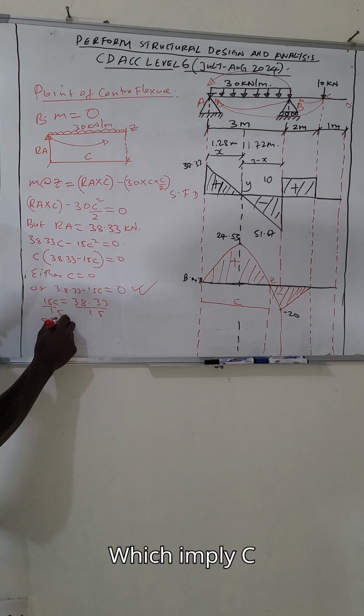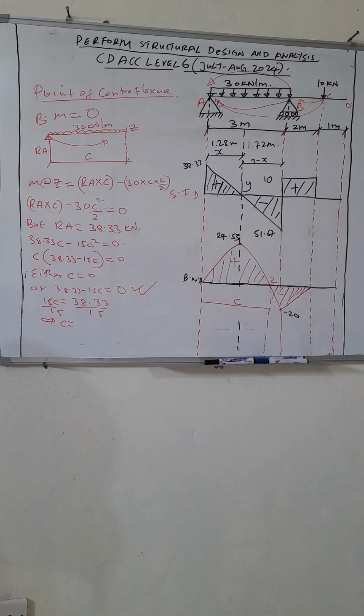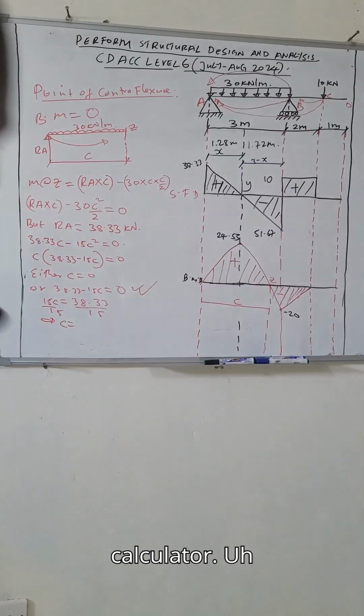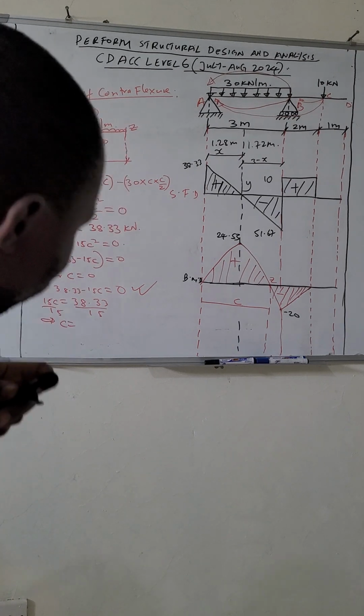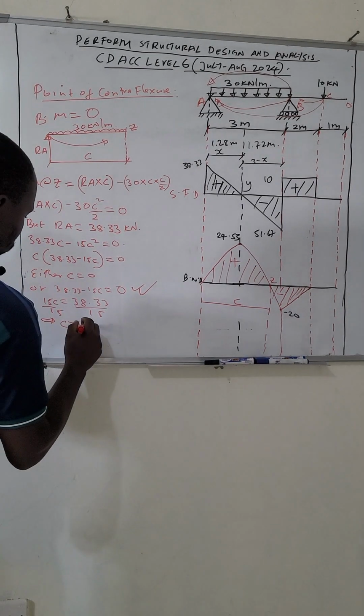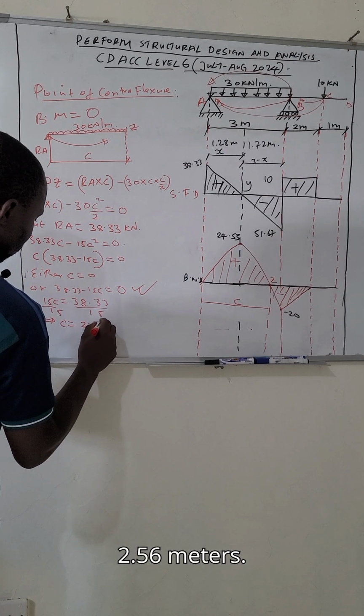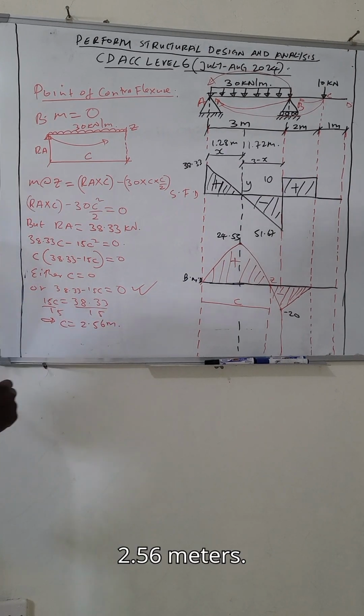Take your calculator: 38.33 divided by 15 is 2.56. So 2.56 meters.